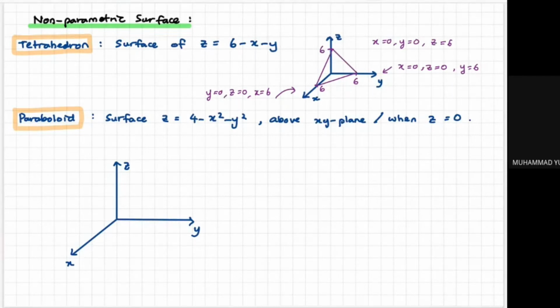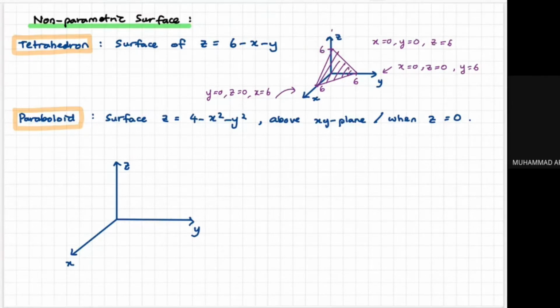So this is your tetrahedron here. You just substitute x equal to 0, y equal to 0 into the equation of the tetrahedron, and you get z equal to 6.